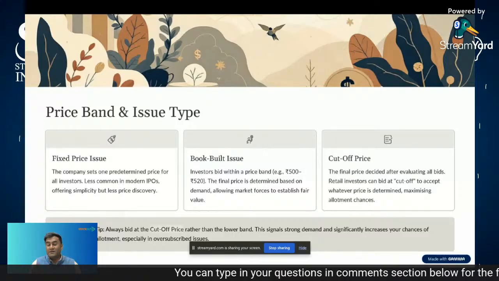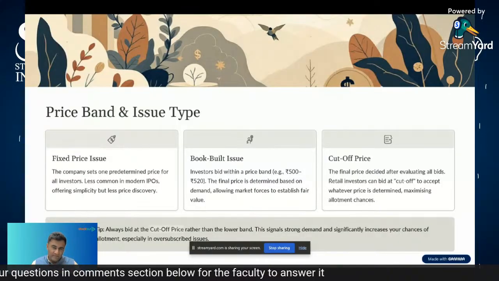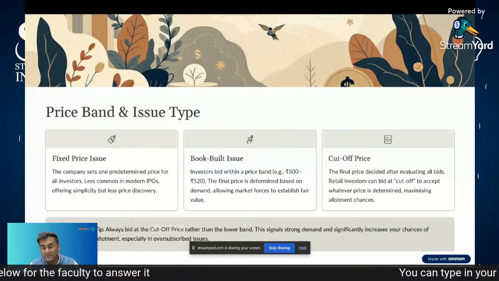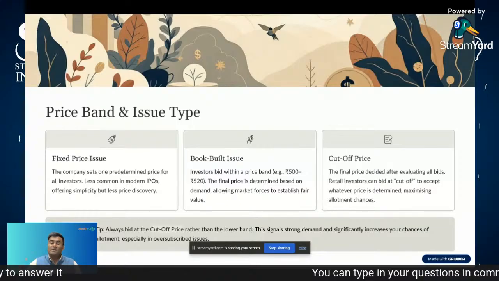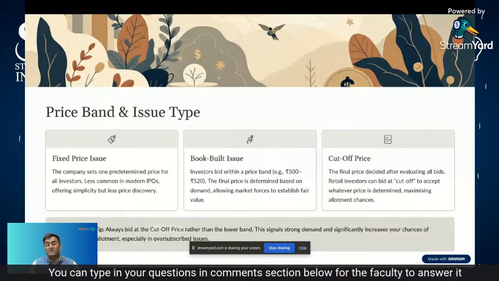Always bid at the cutoff price rather than the lower band. Either you bid at the upper band or you bid at the cutoff price. This signals strong demand and significantly will increase your chance of receiving an allotment, especially in oversubscribed issues.